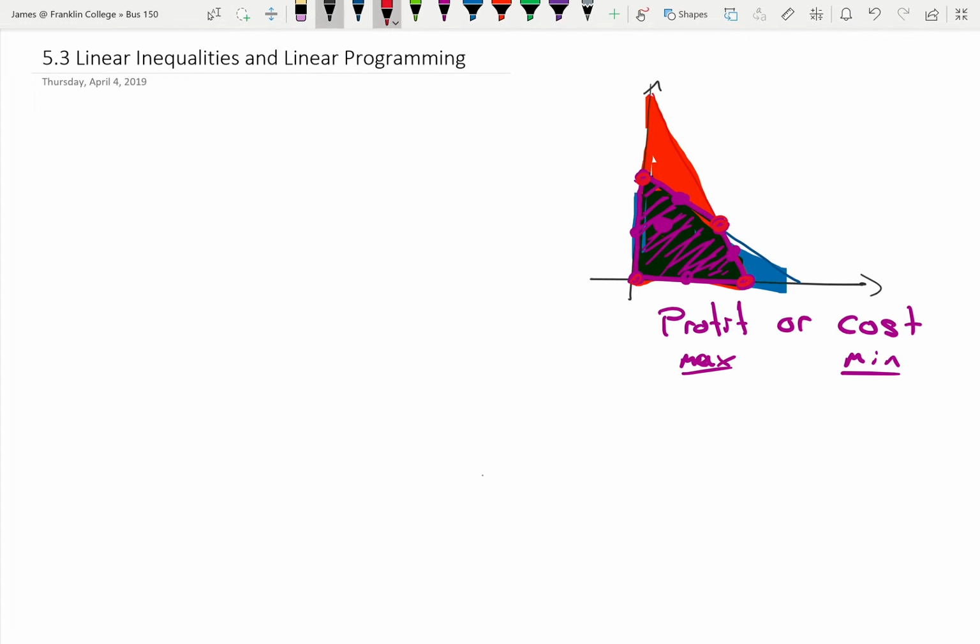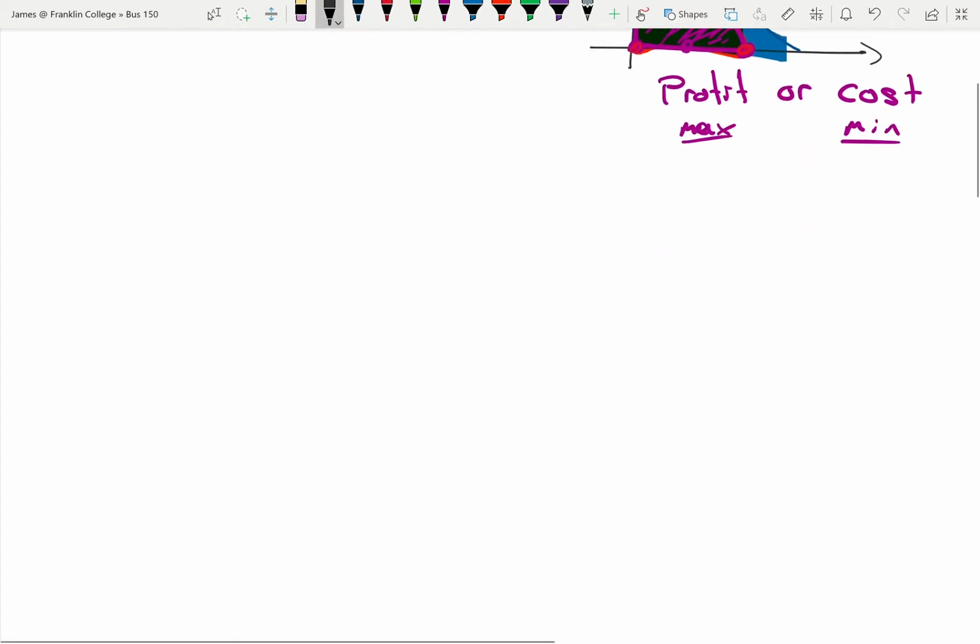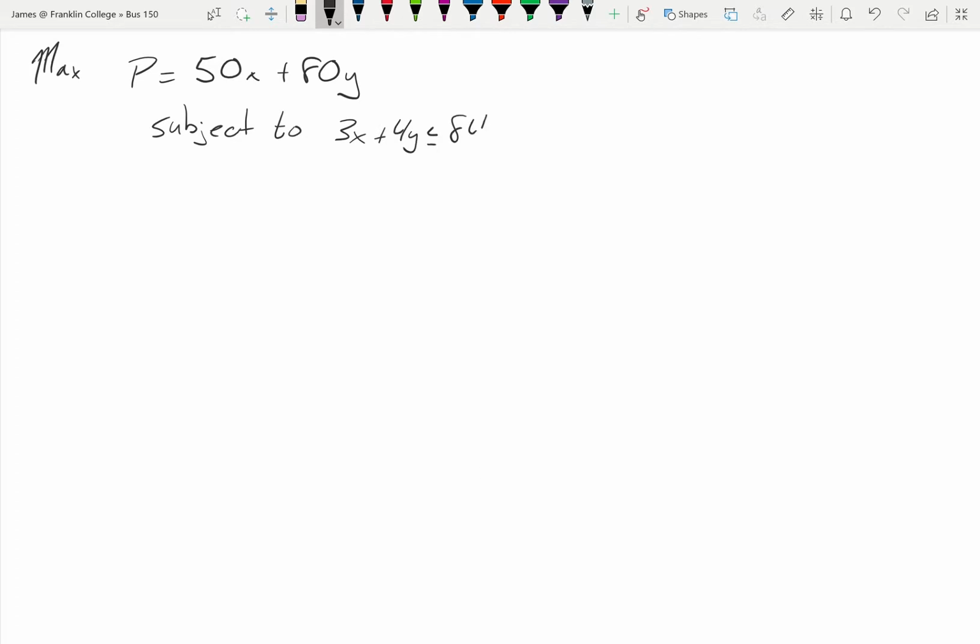Alright, so let's do an example. So let's suppose we want to maximize P equals 50x plus 80y, subject to 3x plus 4y has to be less than or equal to 84, and x plus 2y has to be less than or equal to 32.